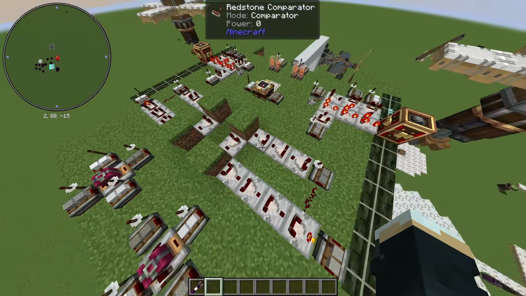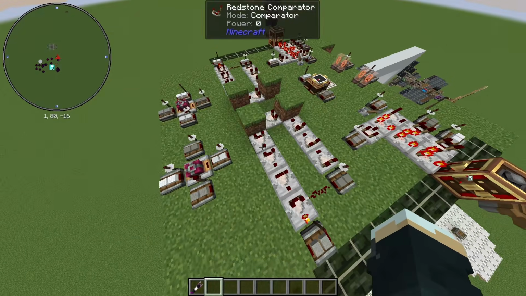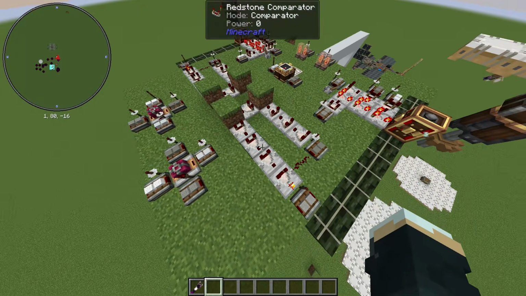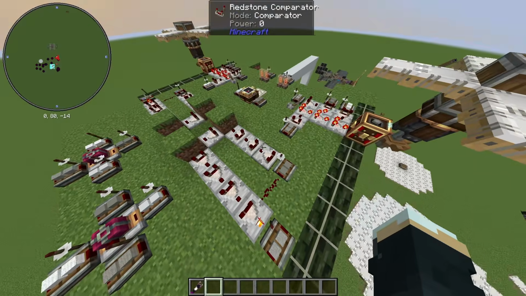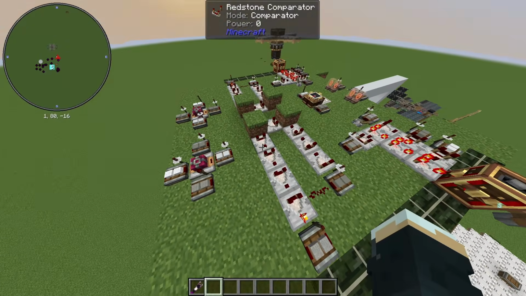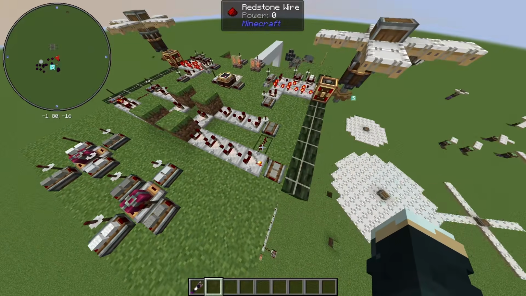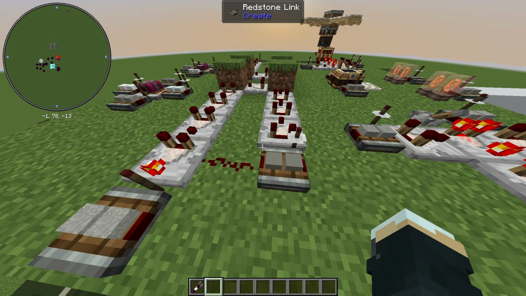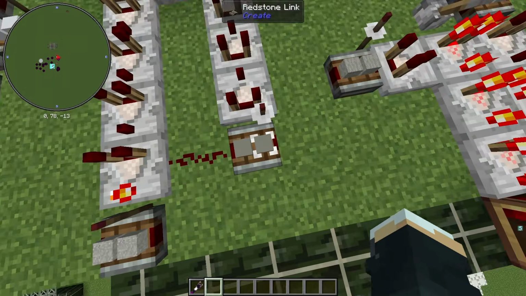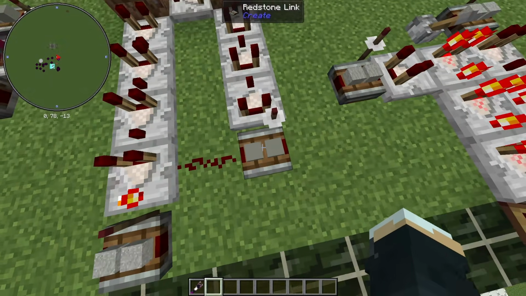D is derivative. What's a derivative? Well, I'm not in calc, but if you don't know what a derivative is, it's just the rate of change, right? The slope, whatever you want to call it. How fast is it changing? And so that's what this circuit is. We just have the current value.